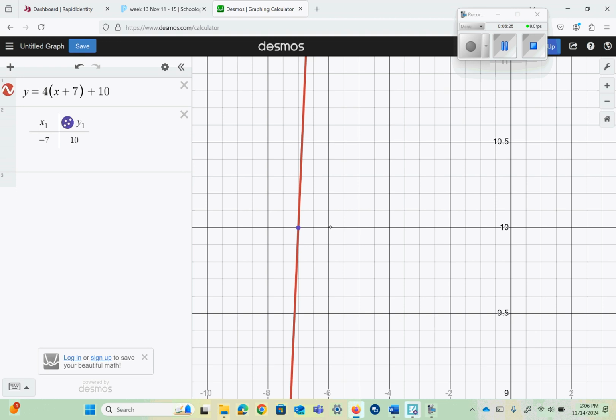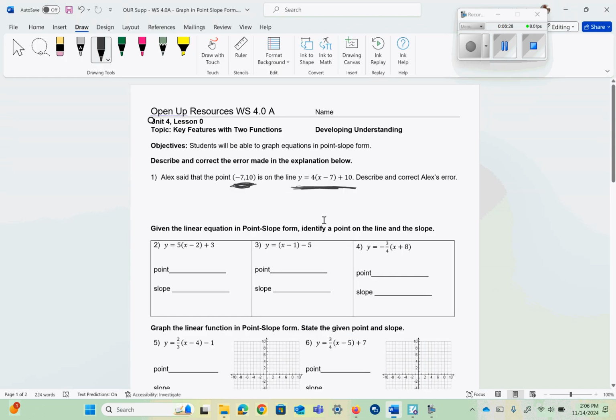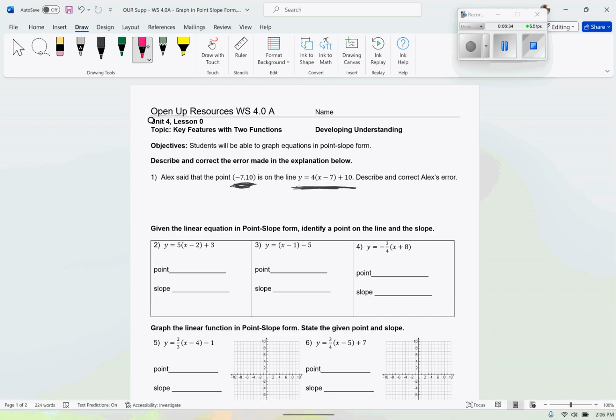So basically the error that took place here is if you made that a positive sign, so you had y equals 4 parentheses x plus 7 plus 10, this contains this point. And I just tried to show it on Desmos that it worked that way.